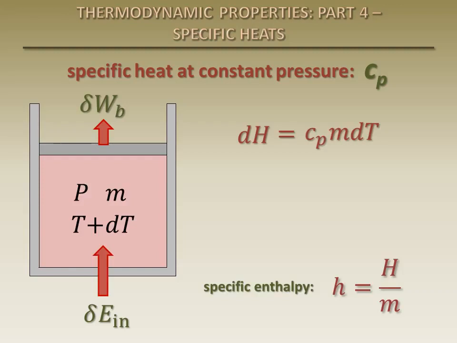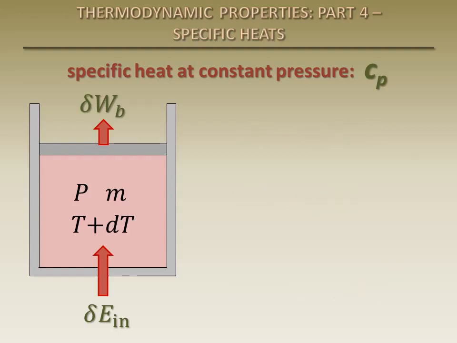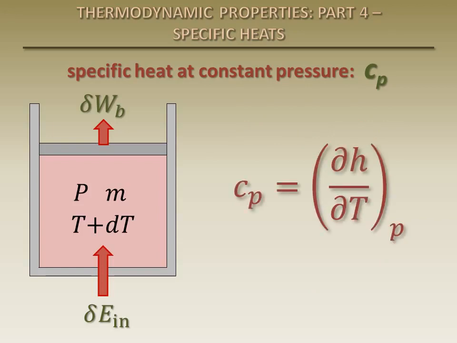So, if we divide both sides of the equation by the mass of the system, we see that the differential change of the specific enthalpy of the substance is equal to the specific heat at constant pressure times the differential change in temperature. And the specific heat at constant pressure is equal to the derivative of the specific enthalpy with respect to the temperature.